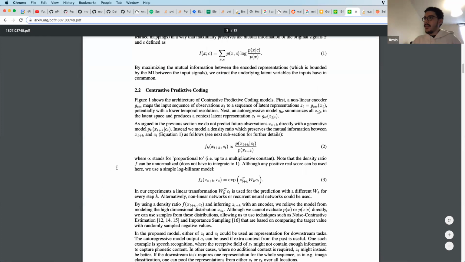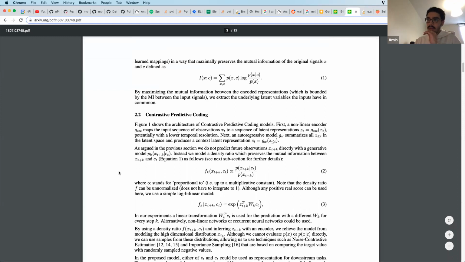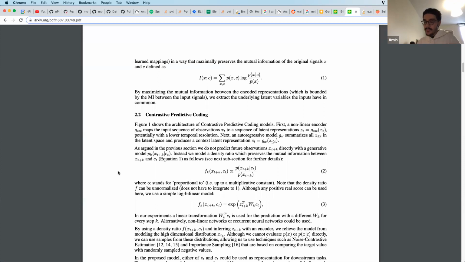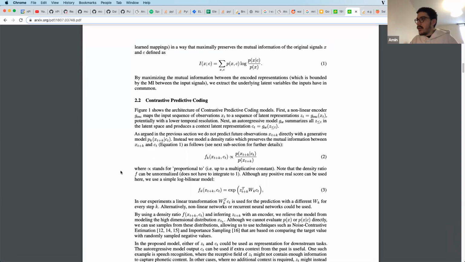Okay. So the main idea behind this loss is you're turning a problem involving a generative model into a classification problem. So in the example here, let's imagine that x_{t+k} is a word at a later part of the sentence, and the context here encodes some representation of the sentence before.